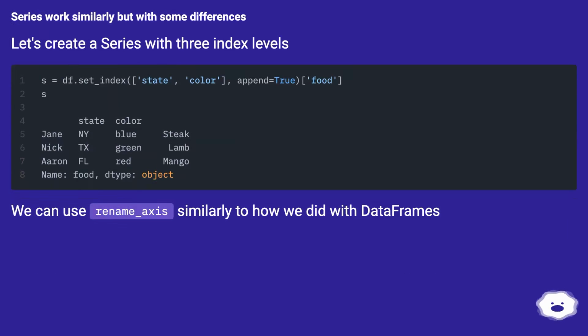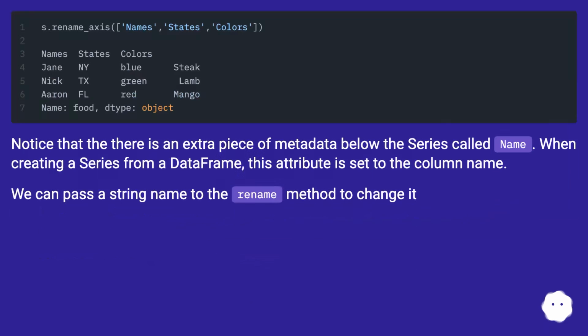Series work similarly, but with some differences. Let's create a series with 3 index levels. We can use rename_axis similarly to how we did with data frames. Notice that there is an extra piece of metadata below the series called name.